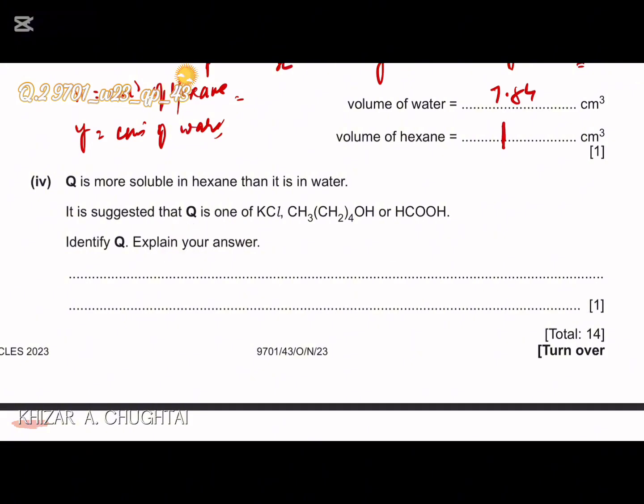If Q is more soluble in hexane, not in water, it means that it has a larger portion of hydrocarbon, so that is water repellent. So this one, CH3(CH2)4OH, is the possible identity of Q.